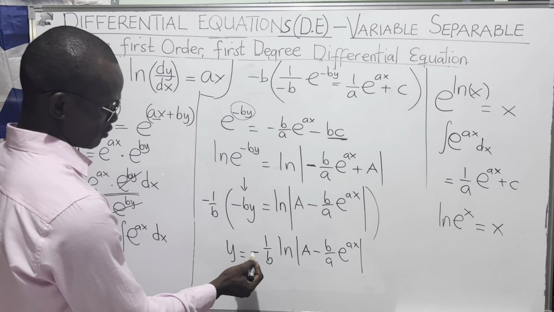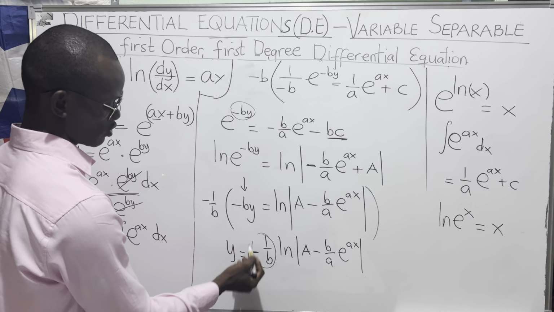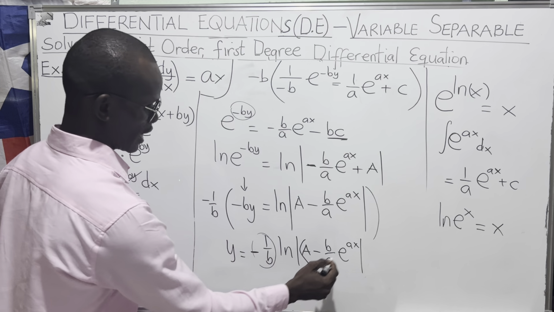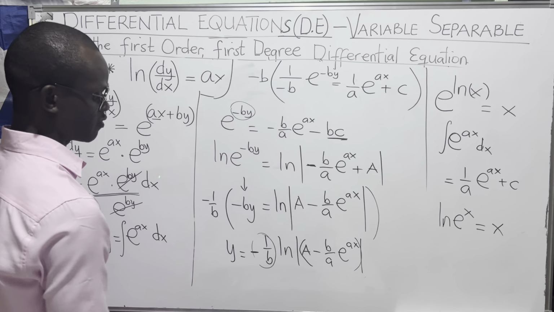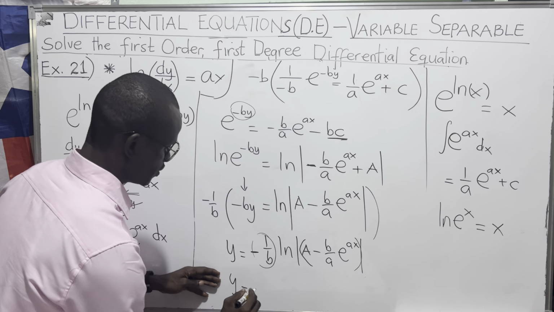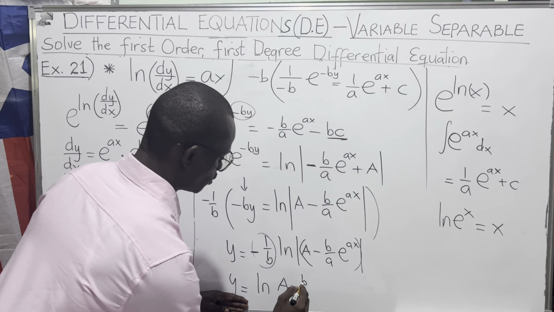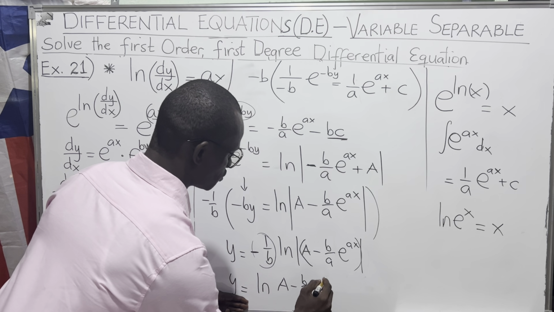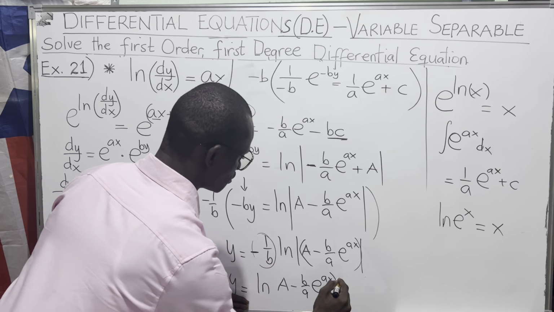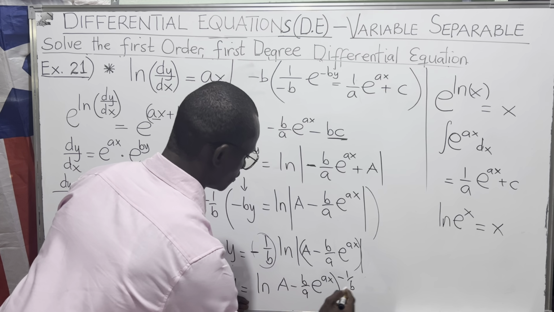Remember now that this is the exponent of the argument of the natural logarithmic function. So that can be written as ln of a minus b over a e raised to the power ax, raised to the power negative 1 over b.